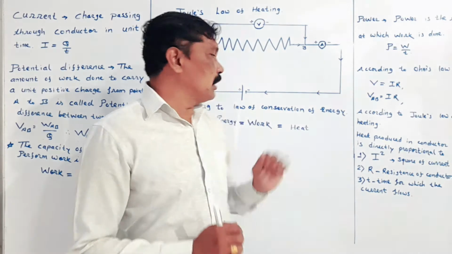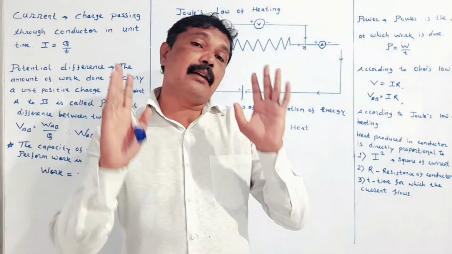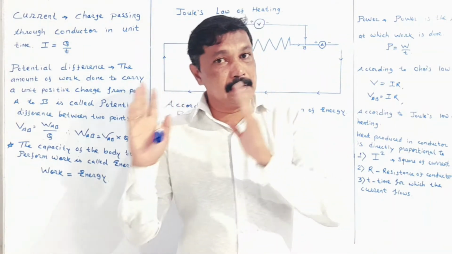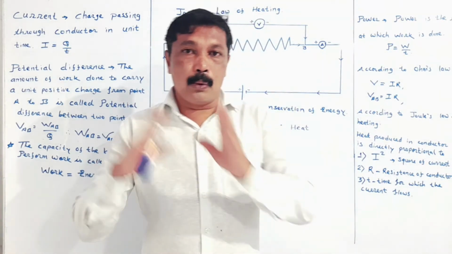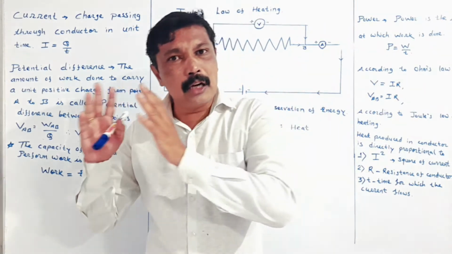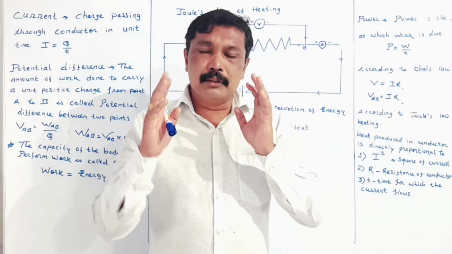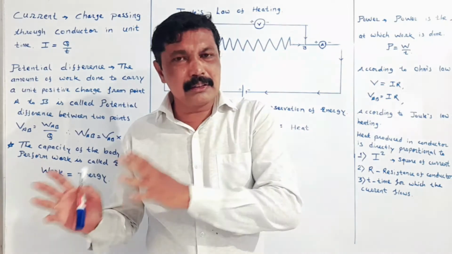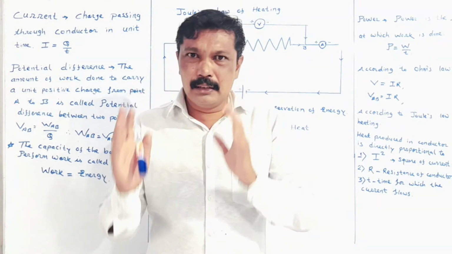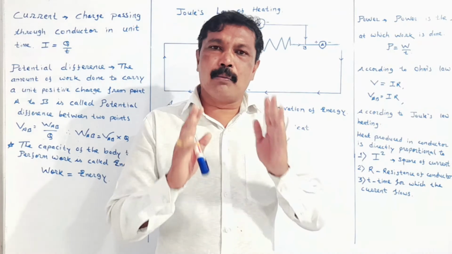Now, my dear student, our concept is clear, and we also know what happens when an electric current passes through a circuit. There is displacement of electrons, work is done, and the amount of work done is equal to the amount of energy used. The energy used will be equal to the power supplied, and this all will be equal to heat, because heat is also a form of energy.